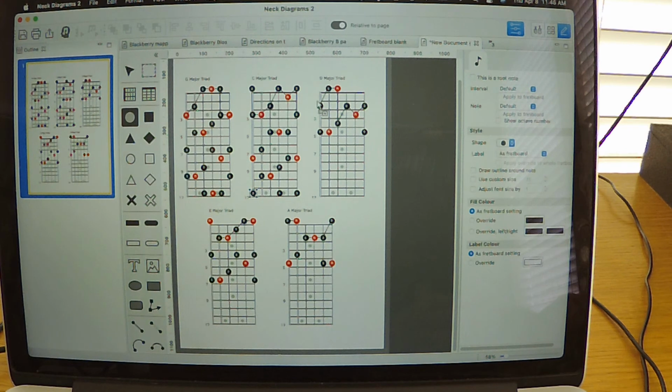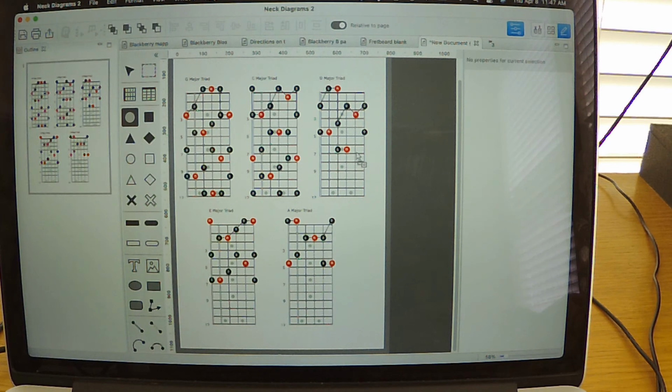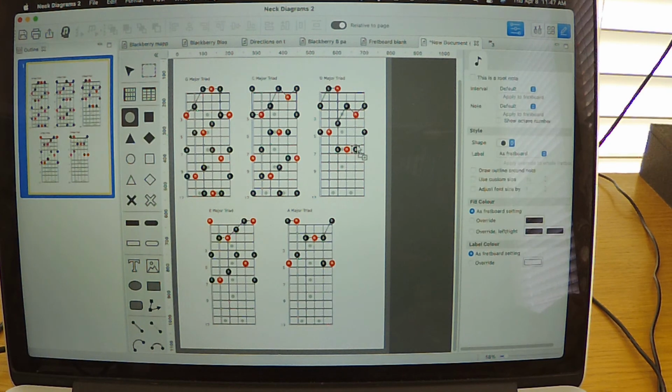Let's try it again. So I'm going to just work through these other 3 without saying a whole lot. 1, 3, 5. 5 to root. Root to 3rd. Oops, sorry. Root to 3rd. Missed my mouse there. 3rd up to 5th. Alright.